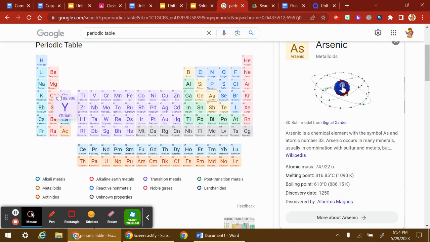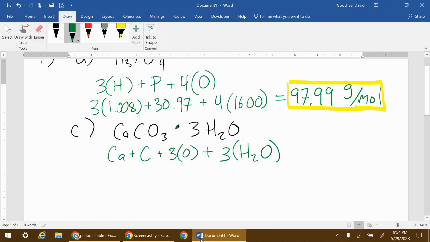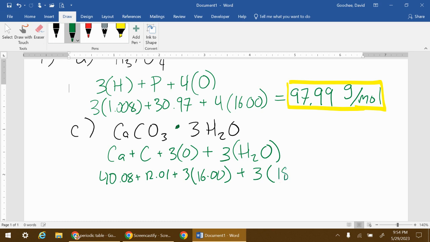Here we go. Periodic table. Calcium, 40.08, plus carbon, which I remember is 12.01, plus oxygen, which we just did above, 16.00, plus 3 waters. Now, water is H2O. I've worked it out before. It's 18.02.